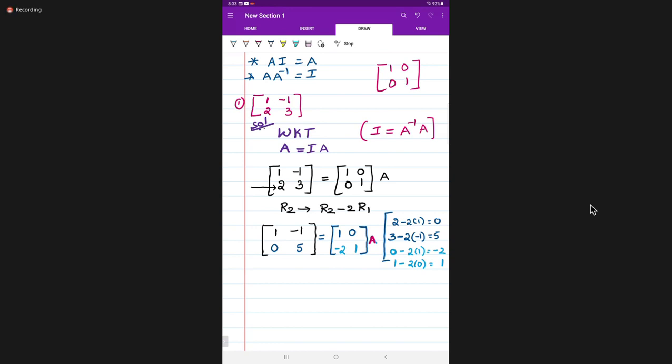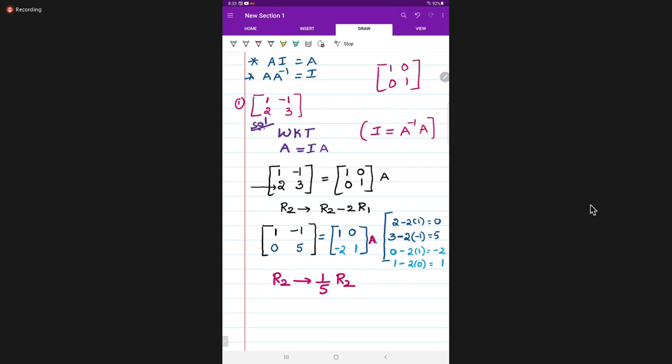Here we have to apply the second condition. What is that condition? That 5 make it as 1 means second row divided by 5, right? R2 implies 1 by 5 into R2, we can write it.